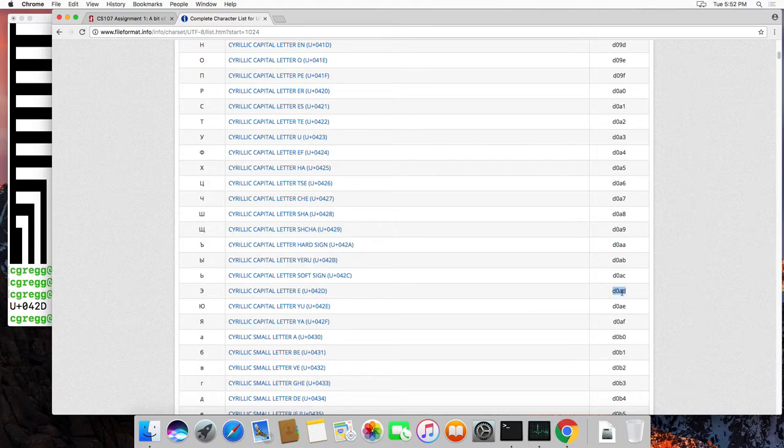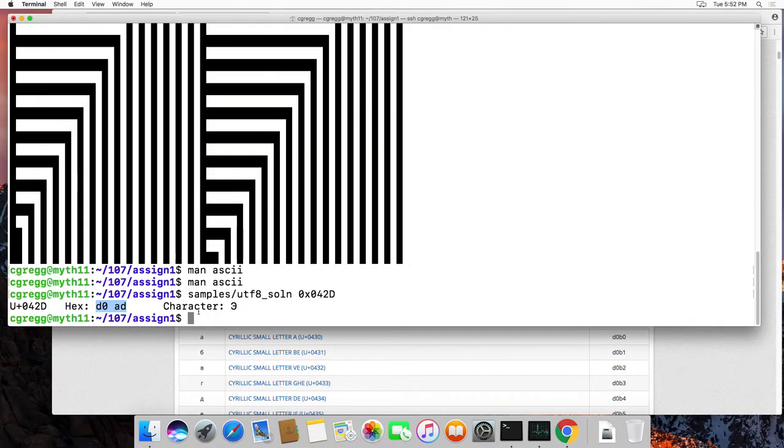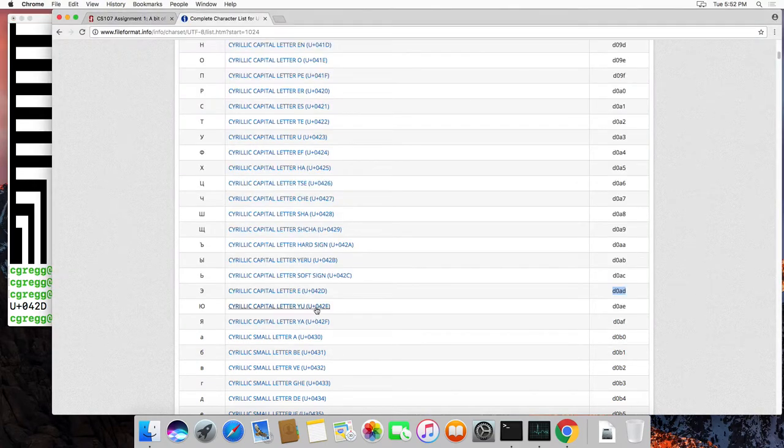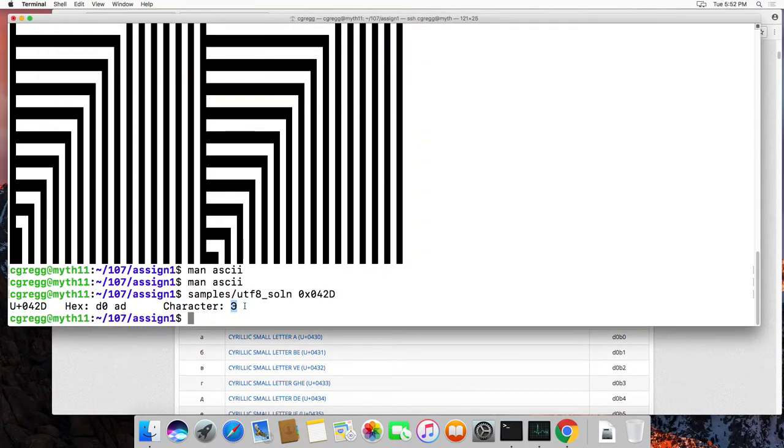D0AD is the bytes that are going to come out. And by the way, it printed out the Cyrillic capital letter E, like that, and that's kind of neat. It will print it out for you.